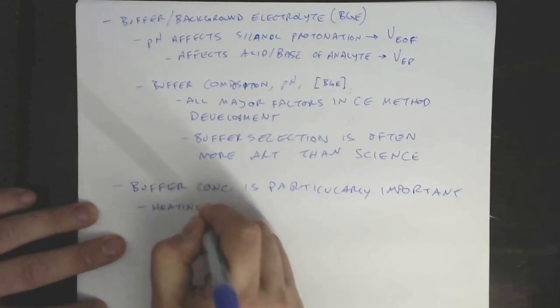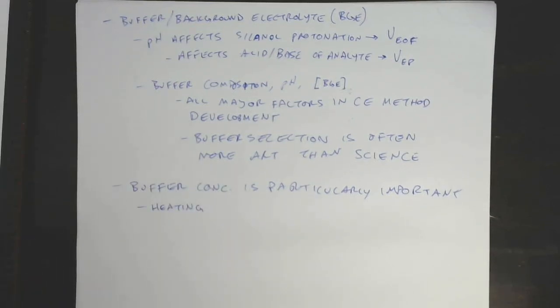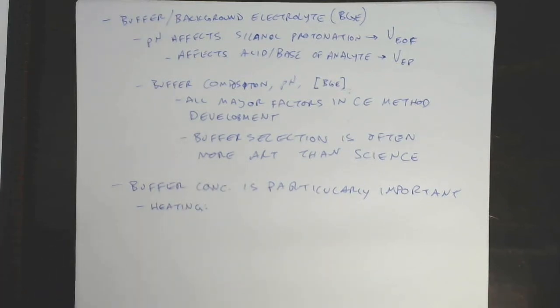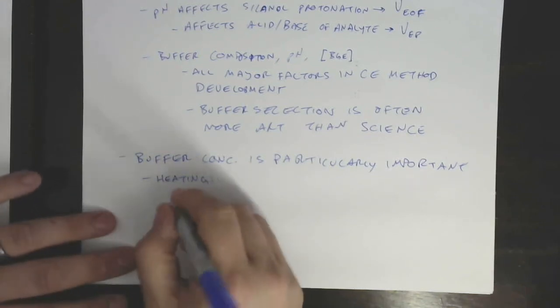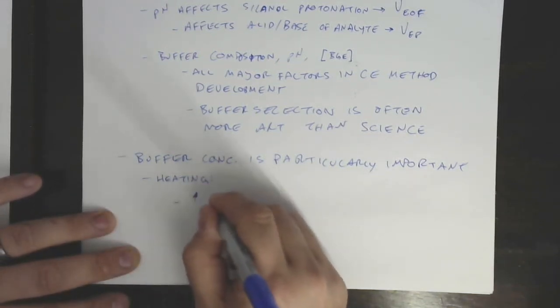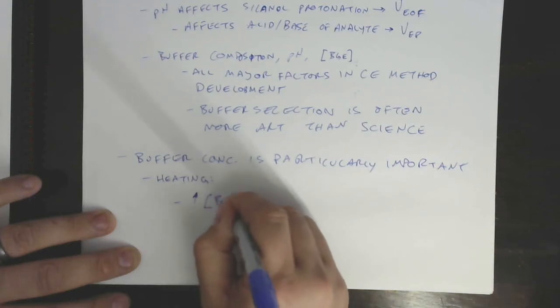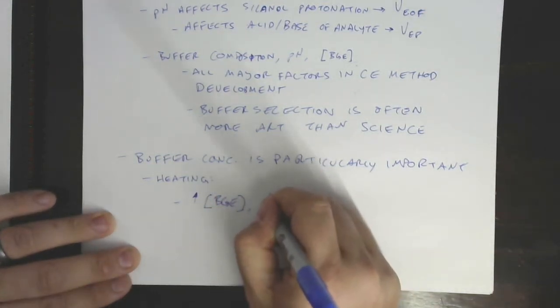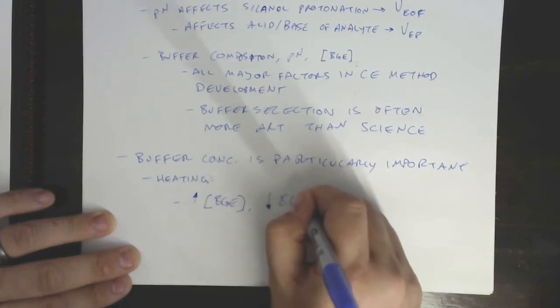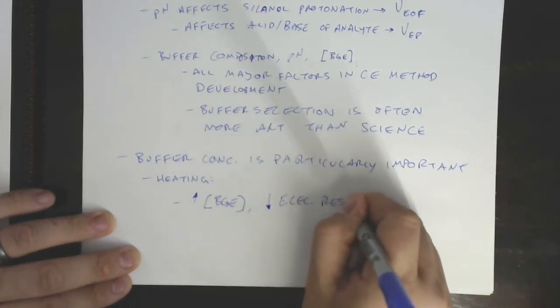So we know from our discussion previously that the whole reason CE works is because we found this system in narrow bore capillaries to dissipate heat. Heat is a problem for us, right? When we increase the concentration of the BGE, what that effectively does is it decreases the electrical resistance.